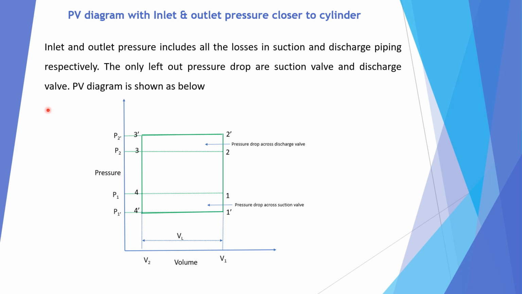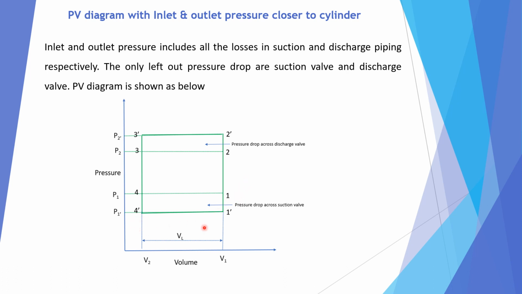So when you say inlet pressure and outlet pressure, it takes care of all the pressure losses in the pipe for suction and discharge side. So the only pressures left out are the pressure drop across the suction valves and pressure drop across the discharge valves.